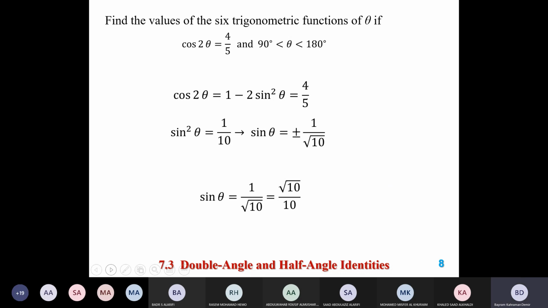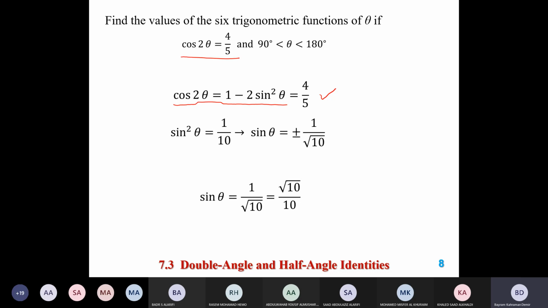Okay. Now, if cosine 2 theta is given, how can I find the sine and cosine of theta? Well, I will use the same thing again. Cosine 2 theta is 1 minus 2 sine square theta. So it is equal to 4 over 5. And I can solve it for sine, of course.